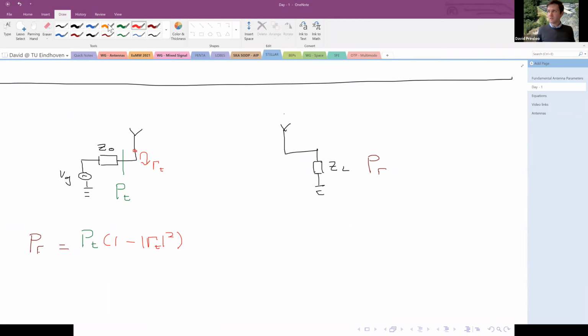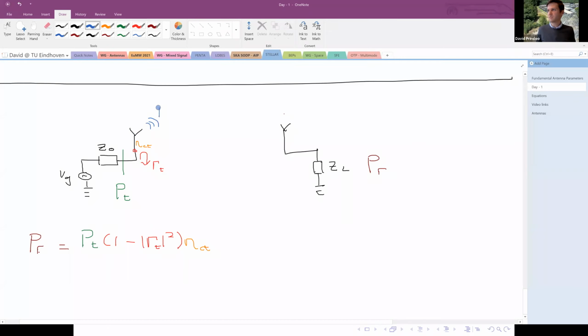There can also be conduction losses in the antenna, which we know from the definition of gain. So it goes through some conduction losses in the antenna. Now we're at the antenna point where power can be radiated in a certain direction.